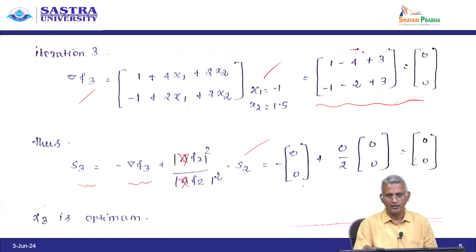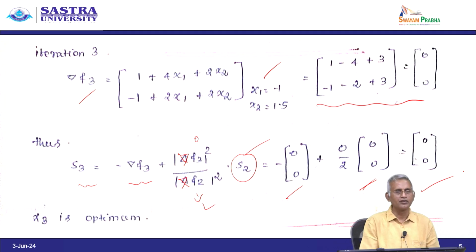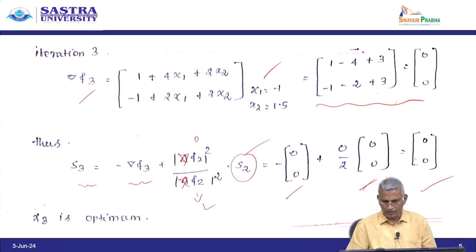As usual, we have to calculate delta f3, which we already know is 0, and this one is 2, and S2 is already found as 0 comma 2. So the net value is 0. If 0 comes, then the function has reached the optimum, therefore x3 is optimum.